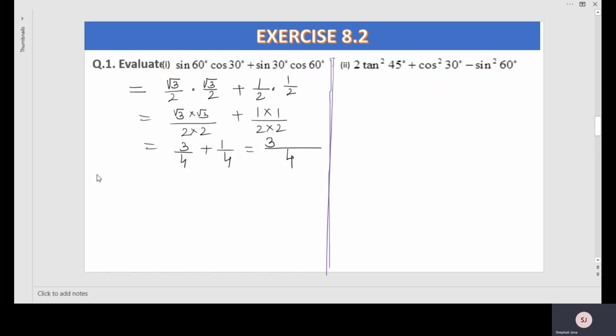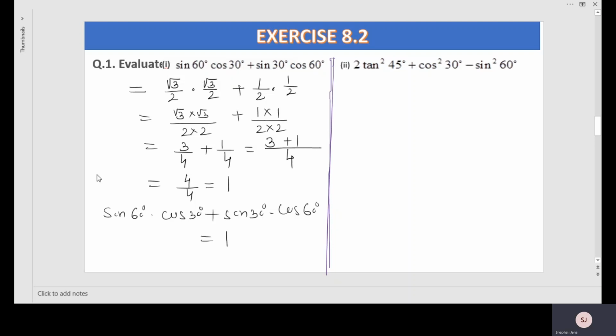So 3 plus 1, how much? 4 divided by 4 is equal to 1. So sine 60 cos 30 plus sine 30 into cos 60 is equal to 1.